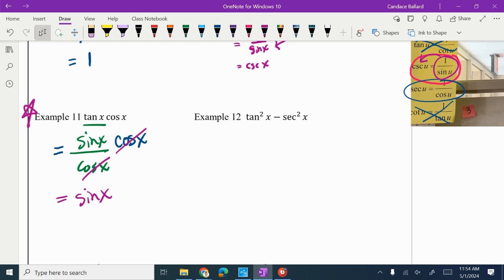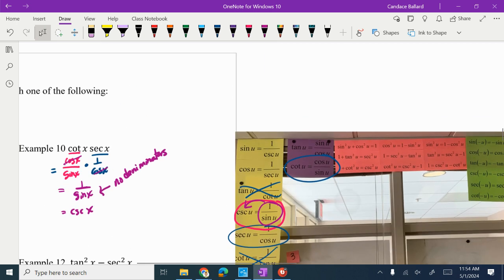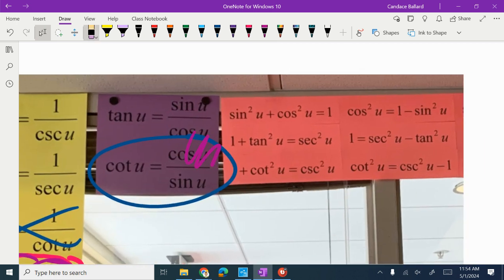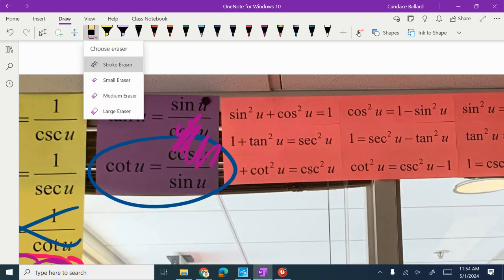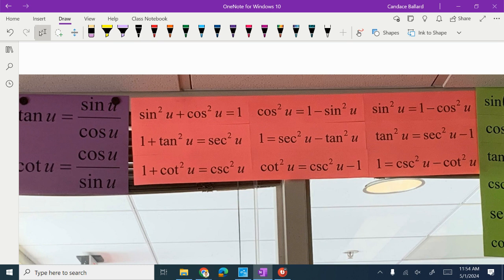So I'm going to try to replace something with a Pythagorean identity and see what happens. I'm going to come over here to my Pythagorean identity sign. I'm going to blow this up a little bit.